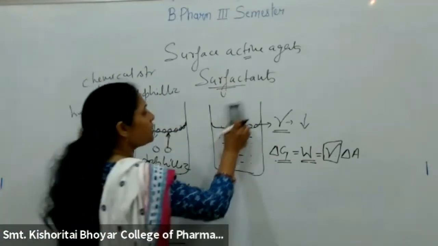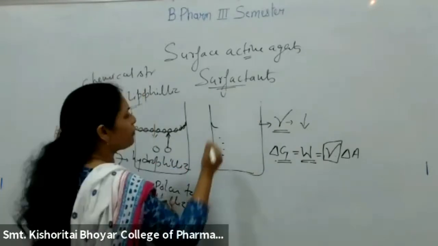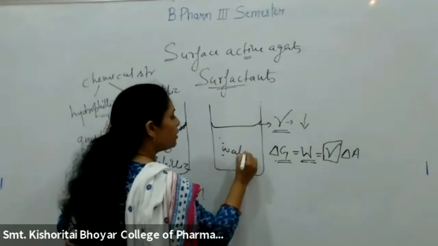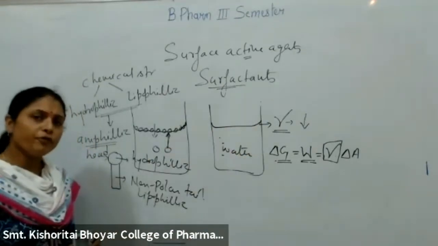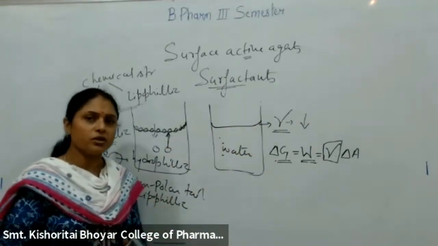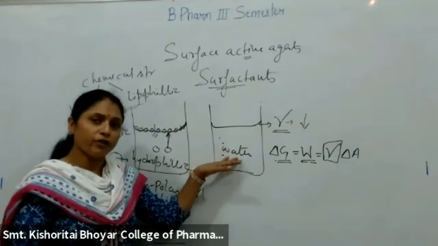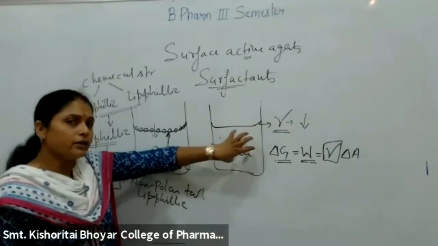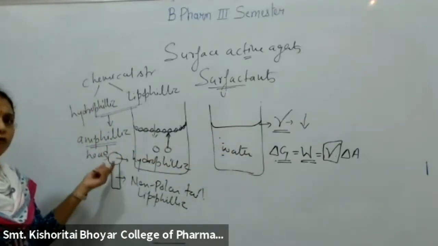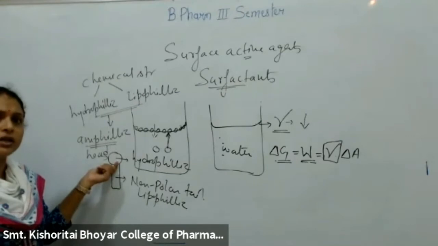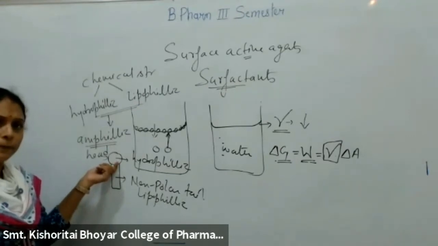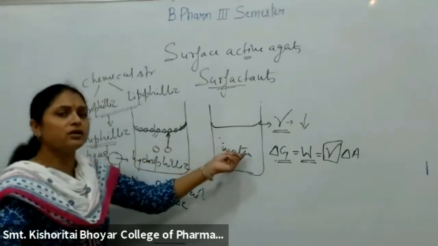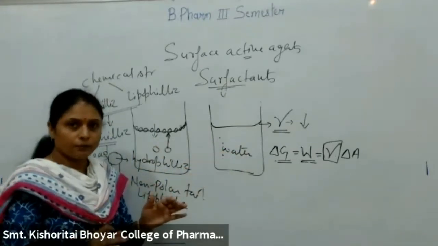And because of this nature, it is able to adsorb onto the surface. So how is it able to adsorb at the surface or at the interface? So this is the surface, and this is the water we are having. Obviously water is hydrophilic in nature, we all know this. As it is hydrophilic in nature, this water or solvent will have an affinity for what? Obviously for this polar head, because its nature is polar hydrophilic. So this is also hydrophilic, so they will have an affinity with one another.